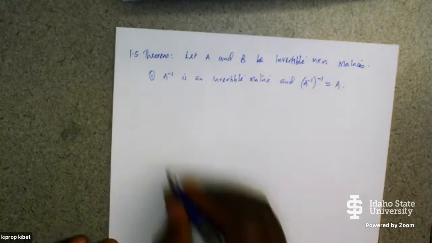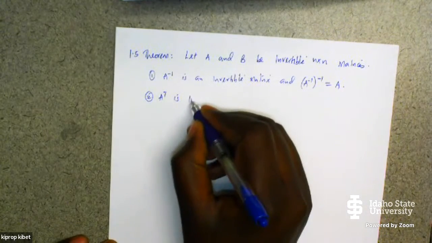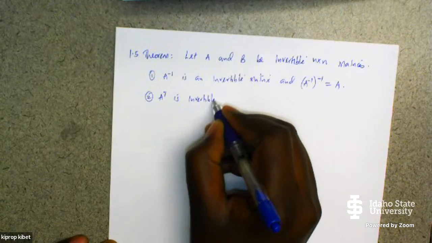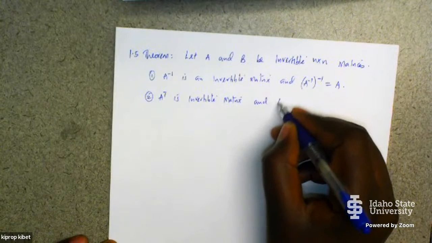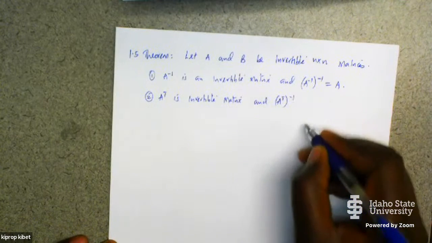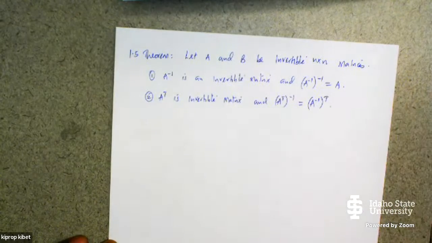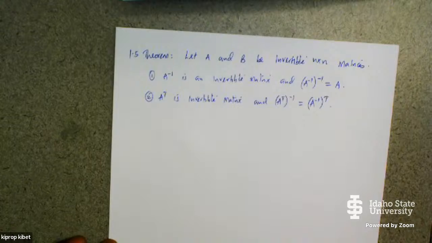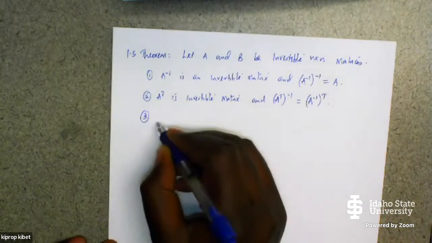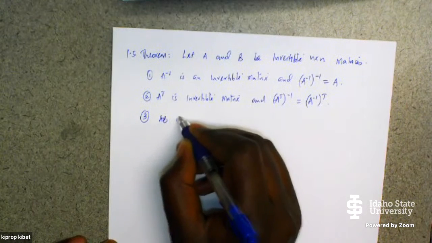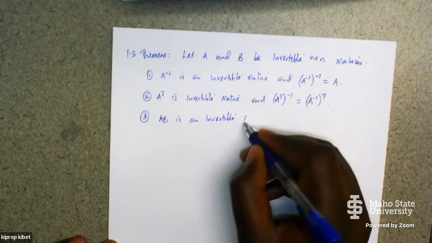Number 2, A transpose is an invertible matrix. And A transpose, and then you do the inverse, is similar to A inverse, and then you transpose. Just like the last example. Then number 3, AB is an invertible matrix.